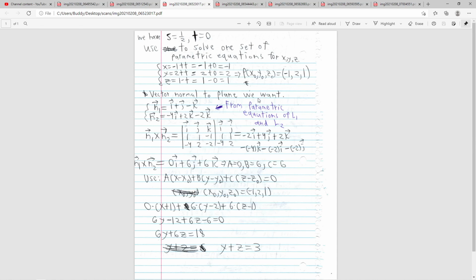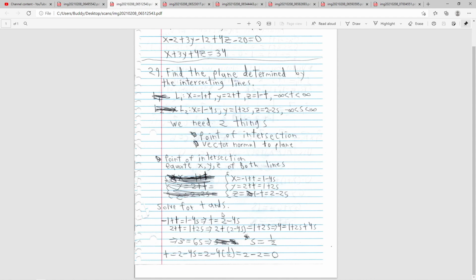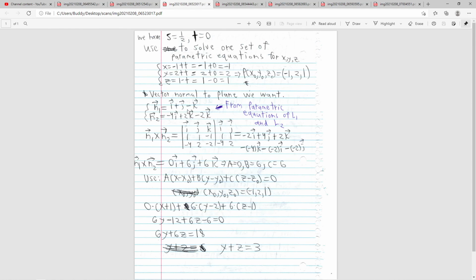The vector normal to the plane we want, you get from the parametric equations, n1 and n2. So, negative 1 plus t, 2 plus t, and 1 minus t. That's i plus j minus k. 1, 1, negative 1 basically is the coefficients in front of them.